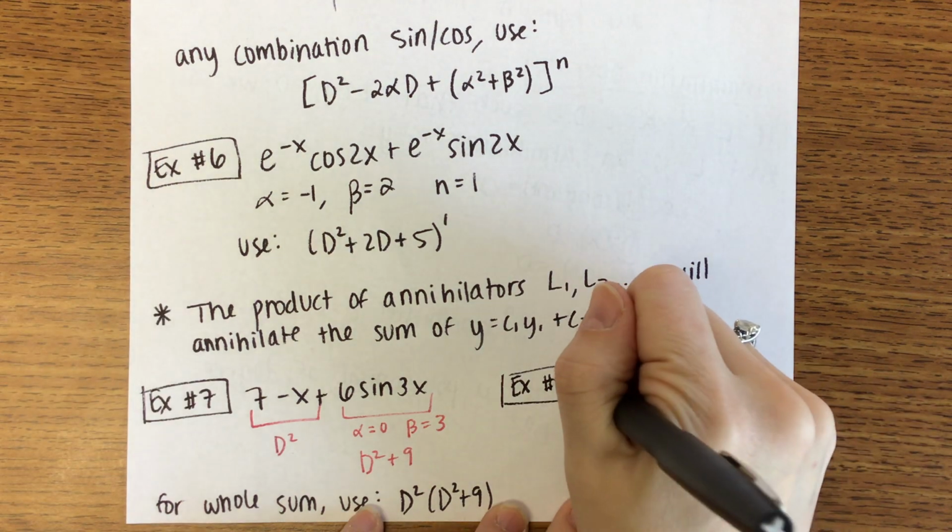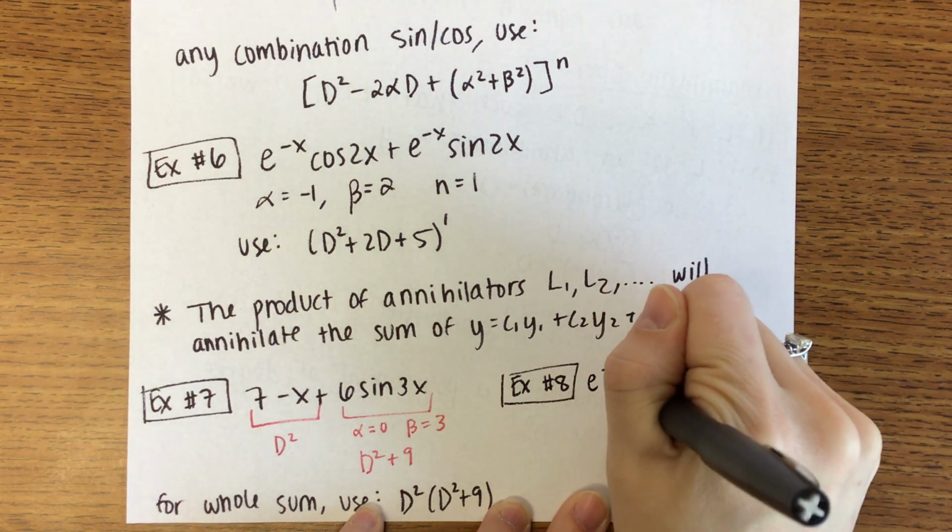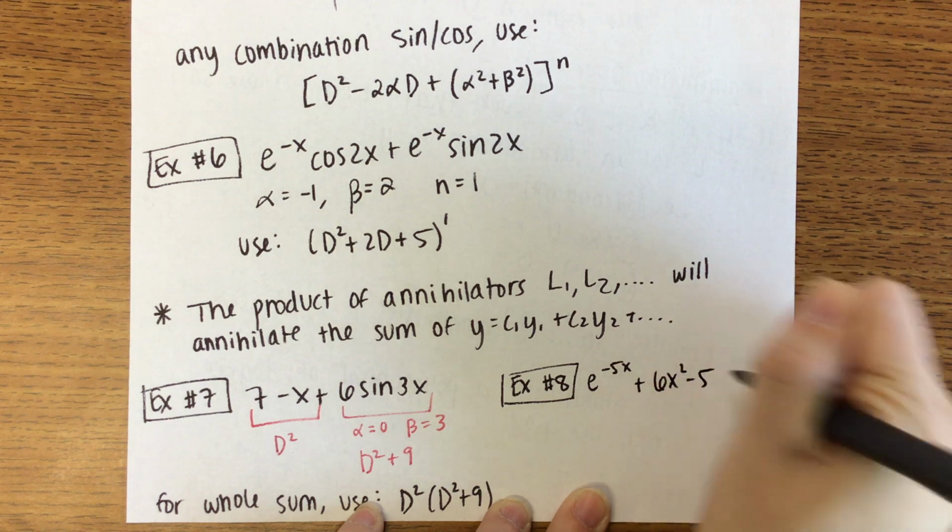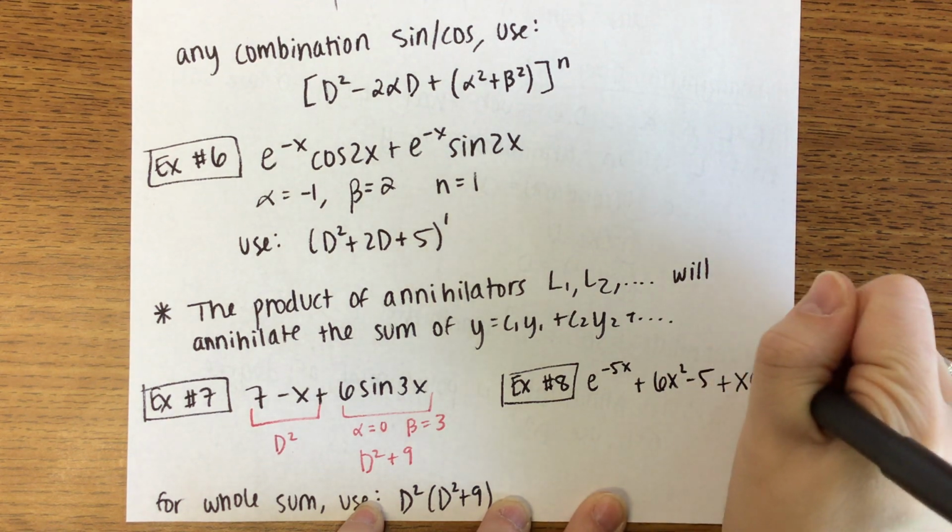Okay, last example. E to the negative 5x, add 6x squared minus 5 plus x e to the x.